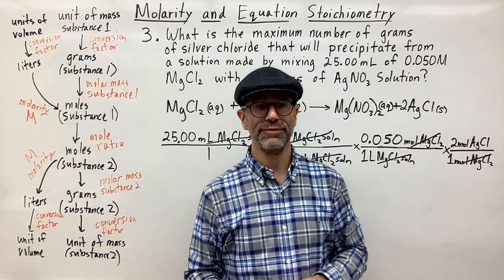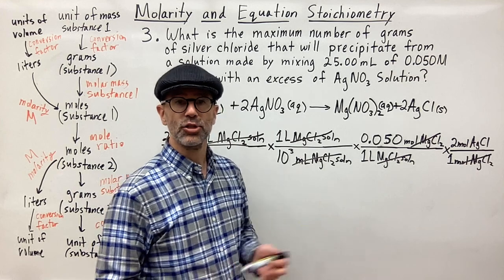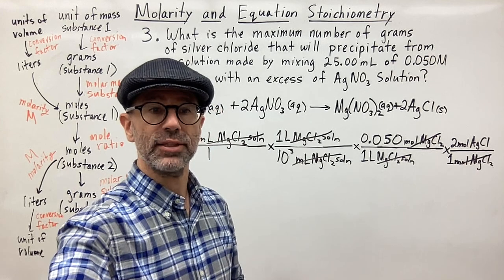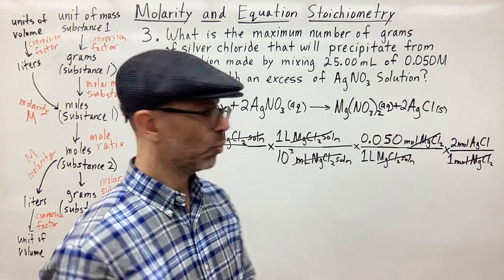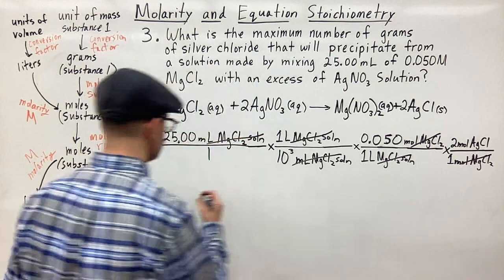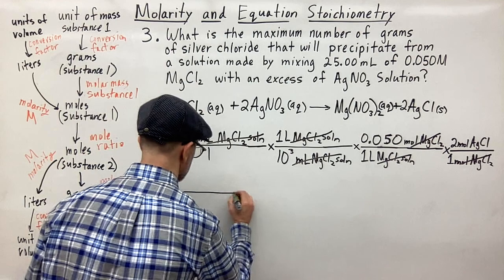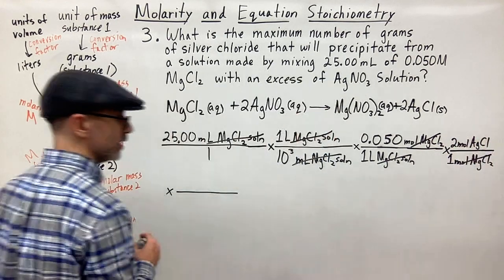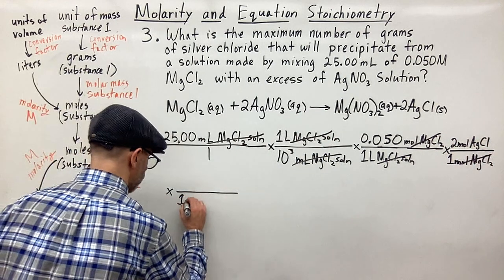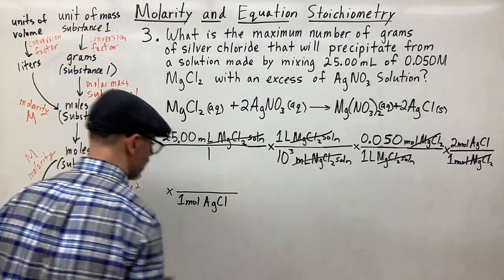Well, how am I going to do that? I need the molar mass. So I need to calculate the molar mass. So let's calculate that. And that's 143.32. So I'm going to write that down here. So I'm going to continue. So I have moles of AgCl on top. So I'm going to put 1 mole of AgCl on the bottom.